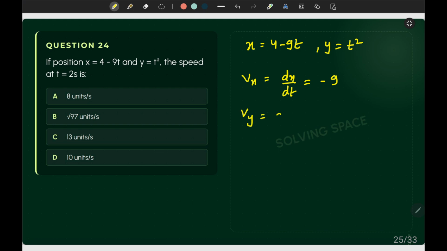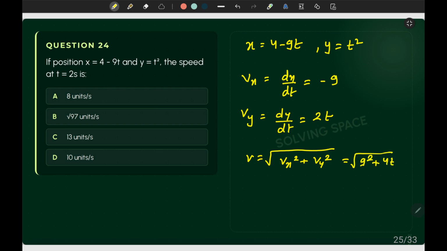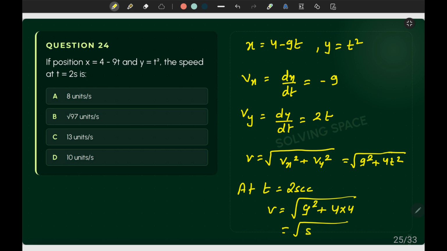Similarly, vy is equal to dy by dt, that is 2t, and velocity will be root of vx square plus vy square, that is 9 square plus 4t square. At t equal to 2 seconds, v will be root of 9 square plus 4 into 4, that is 81 plus 16, that is root under 97 units per second.